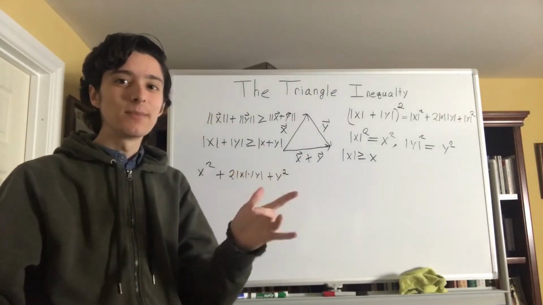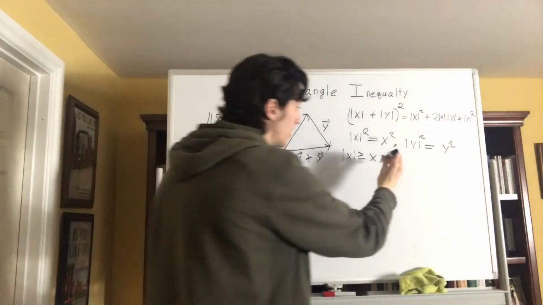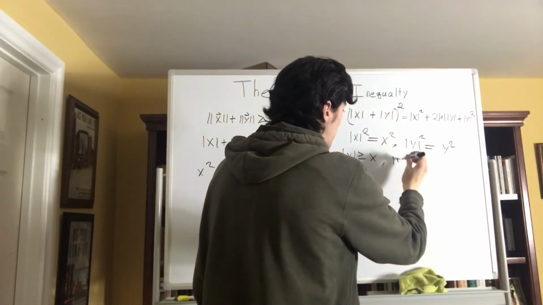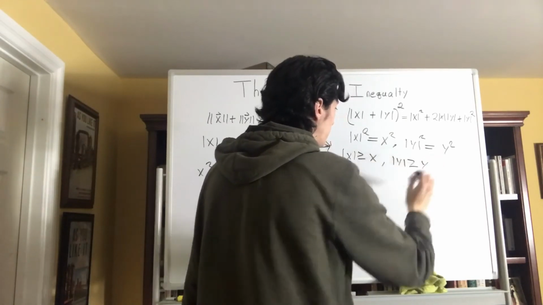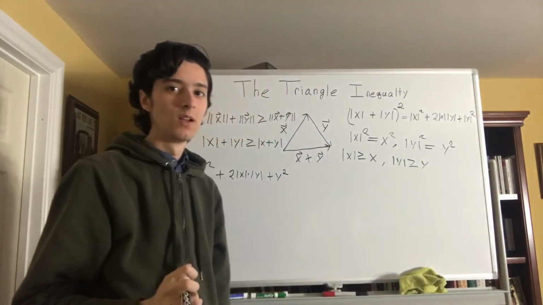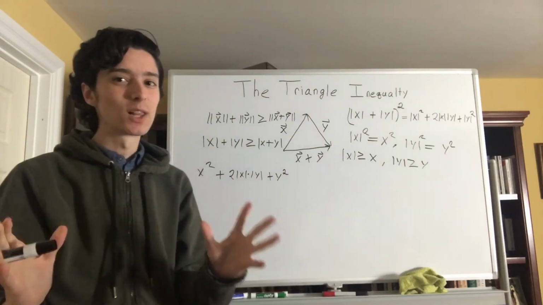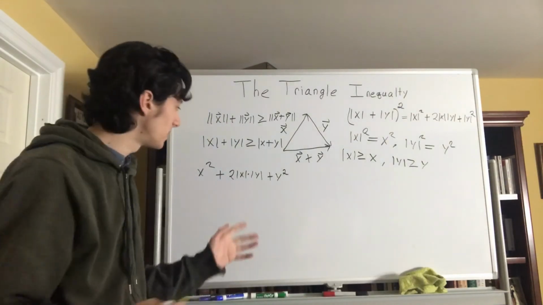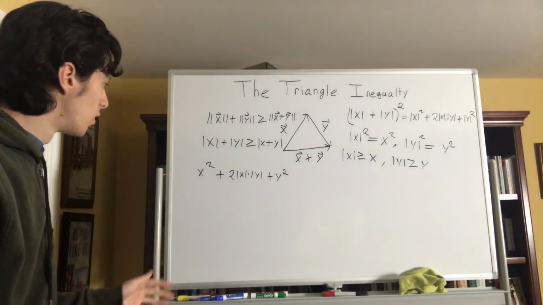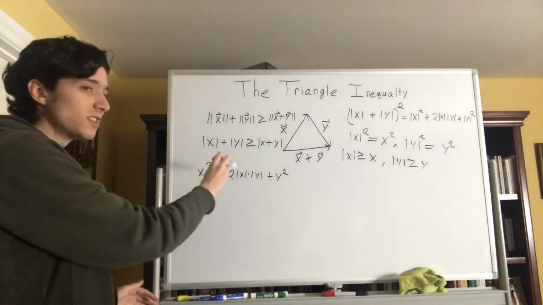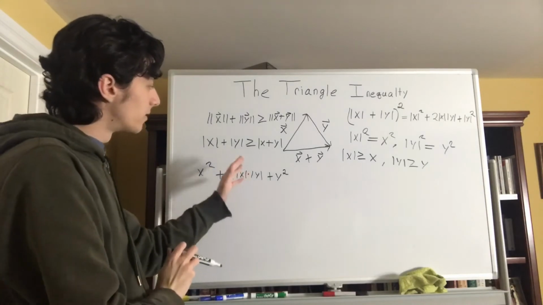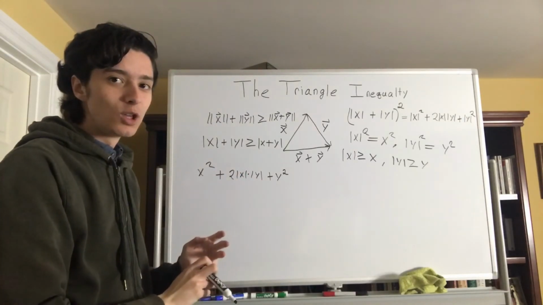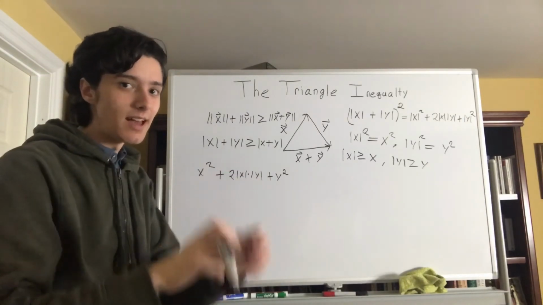And again, in a similar vein, we can say that absolute value of y is greater than or equal to y. So great, we can make a similar statement here. We can say that this is going to be greater than or equal to something really similar, but instead of having absolute values, you're just going to have what's inside.